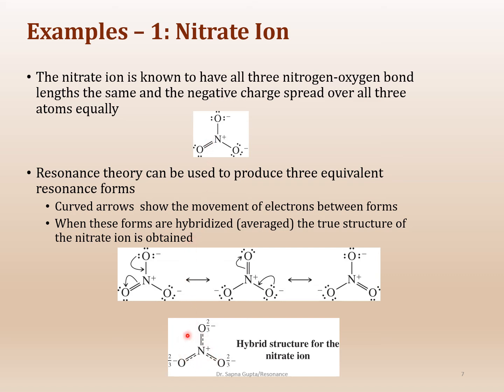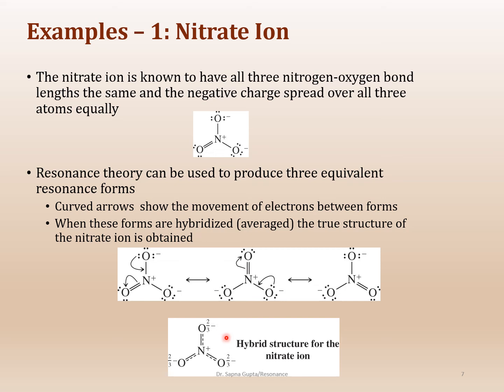We have a single bond length for all of these bonds, and that indicates that there is something else going on, which is why we can come up with something like resonance in which electrons are moving. Otherwise, there is no resonance, and we should see the two single bonds and a double bond, but because we are not seeing that, we know something else is going on. It has been shown that all three bonds are equal in length, which means that the electrons are equally distributed.